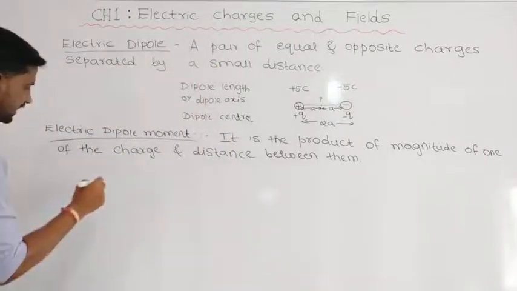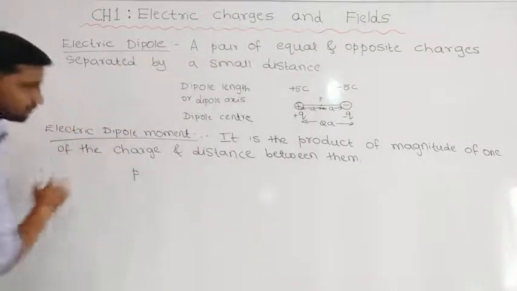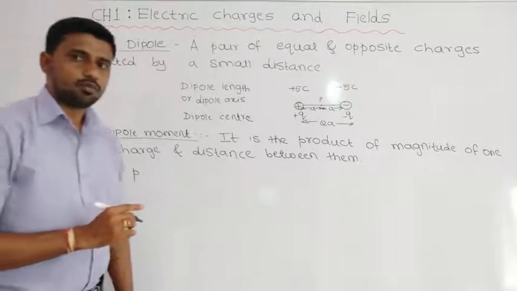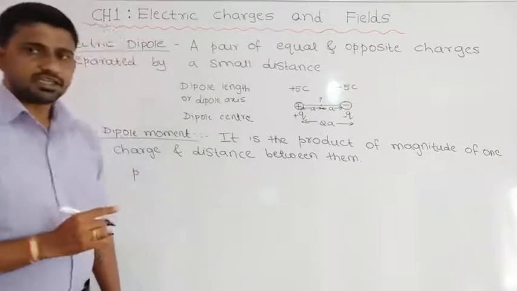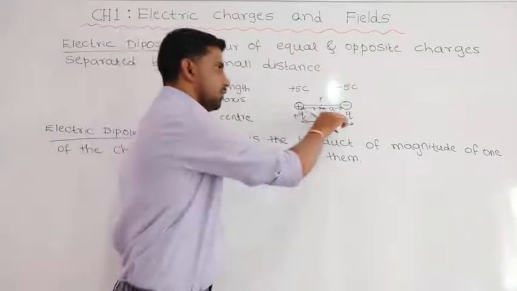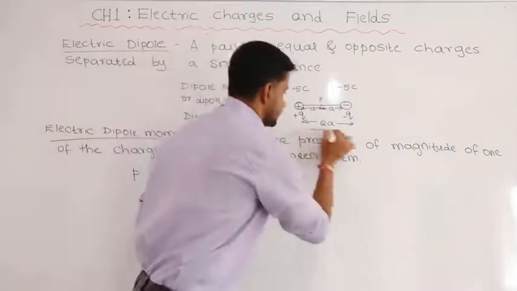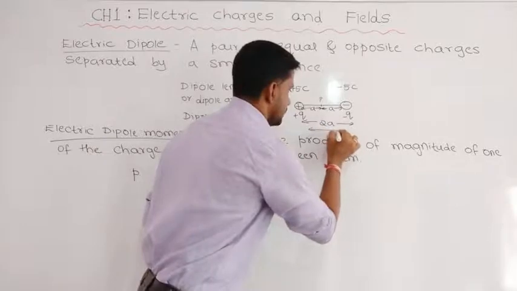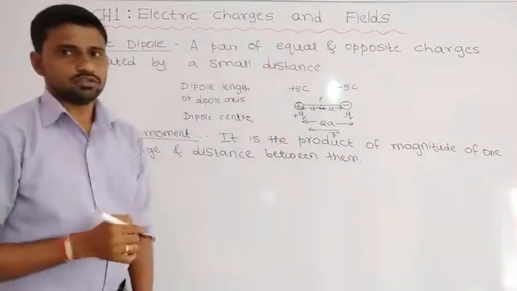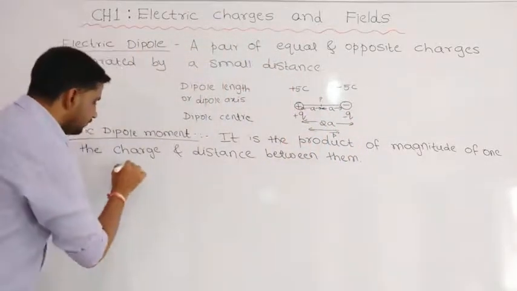That can be represented by the letter P. This electric dipole moment has a direction, and its direction is always from the negative charge to the positive charge. So it is a vector quantity.